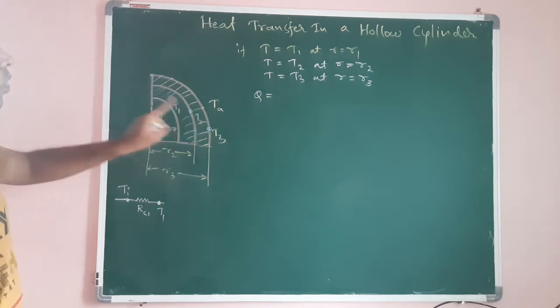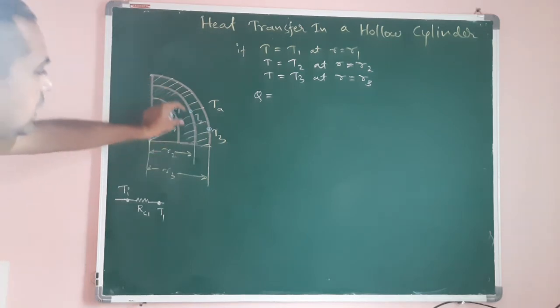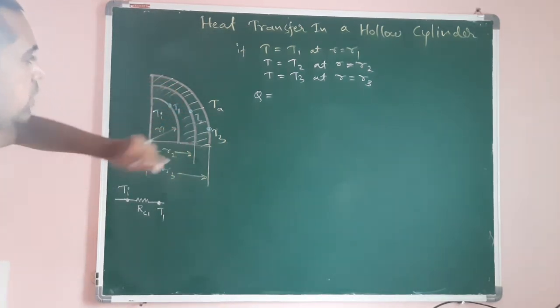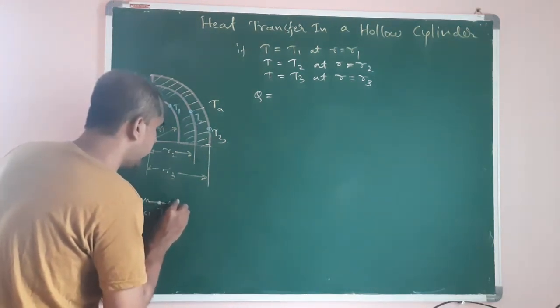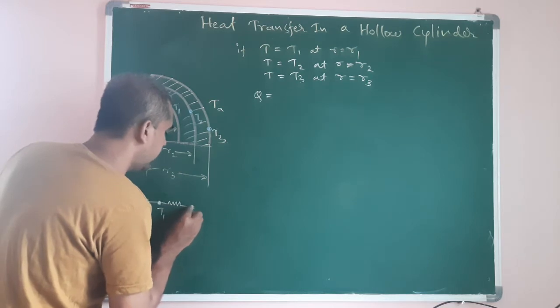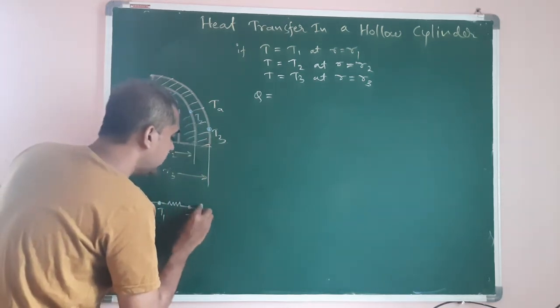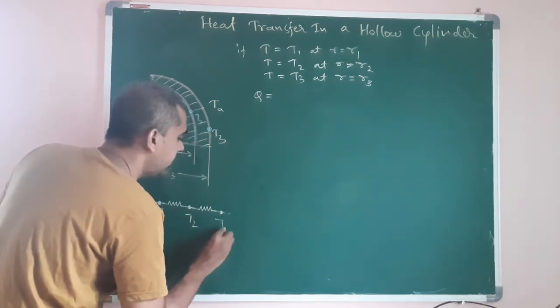From 1 to 2 is one layer of the hollow cylinder. It is a solid part, therefore there will be conduction between T1 and T2.